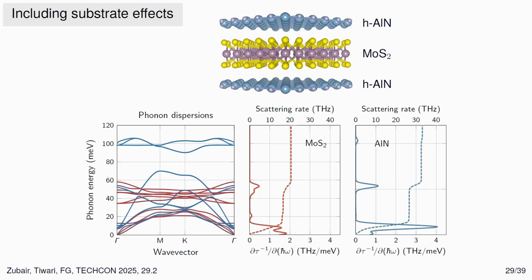In the same way that the phonons of molybdenum sulfide cause a reduction of its mobility because there is phonon scattering, what might be happening is that phonons that vibrate in this plane or in this plane may also affect the electrons that travel in this layer. This is something one can look at by decomposing the scattering rate by type of phonon. This shows which phonons, as a function of energy, in molybdenum sulfide impact the mobility.